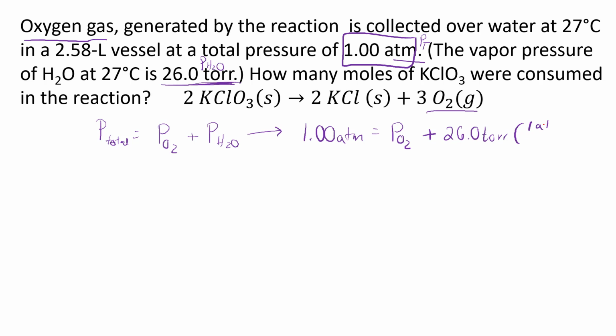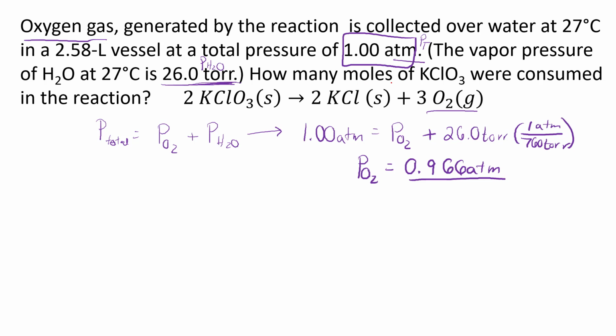So 1 atmosphere is equal to 760 torr. You can do this before the problem or you can do it within the step, whichever one is easiest for you. But now if you do this math, you're going to get pressure of oxygen equal to 0.966 atmospheres.